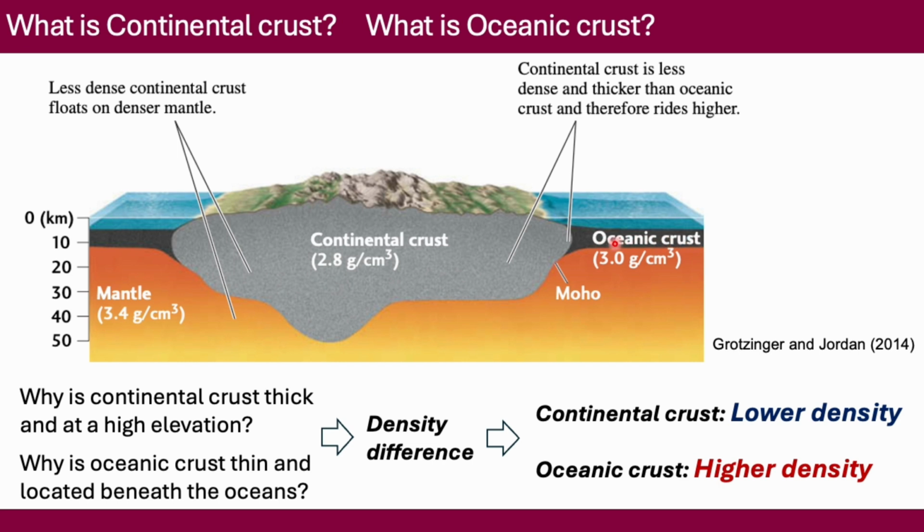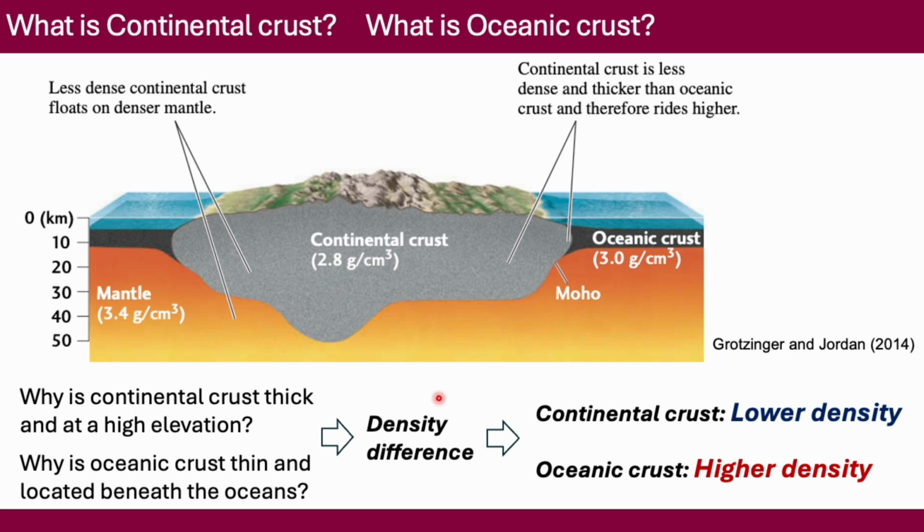So the thicknesses of the continental crust and oceanic crust are very different. Continental crust is thick and generally stands at a higher elevation. In contrast, oceanic crust is much thinner and lies beneath the oceans. So why do they have such different elevations?